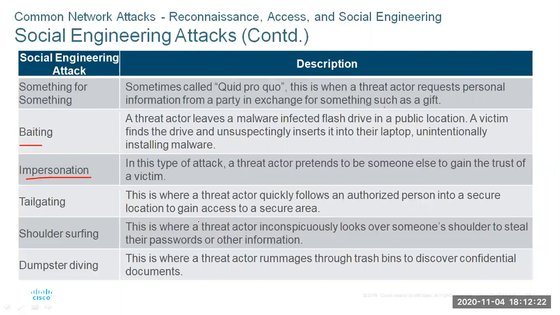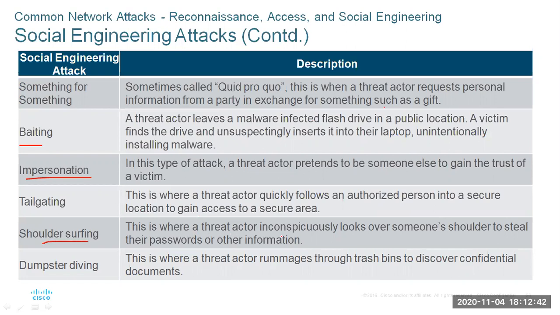Maybe an authorized person swipes a key card and opens the door. Just before the door closes, the threat actor tailgates and quickly goes into the area since he doesn't have the card.